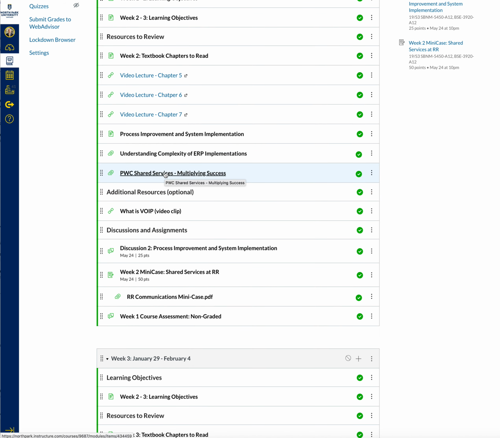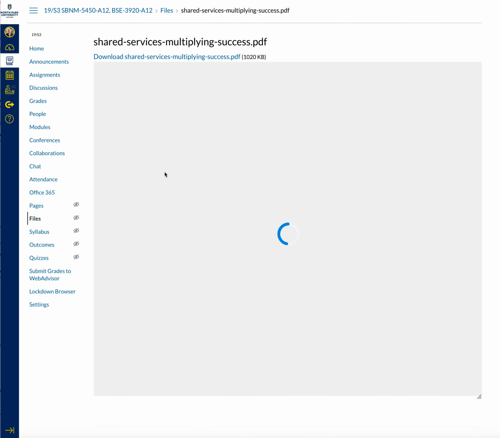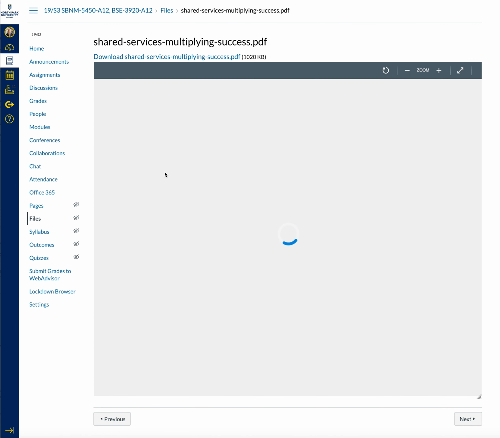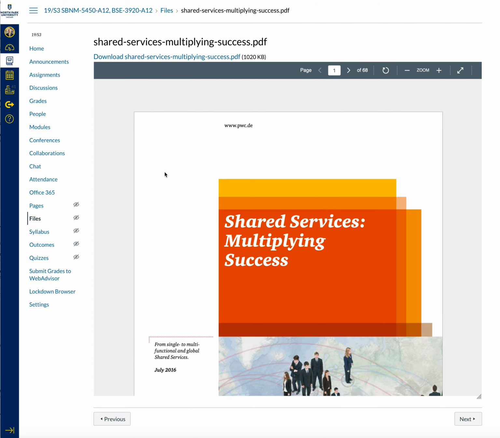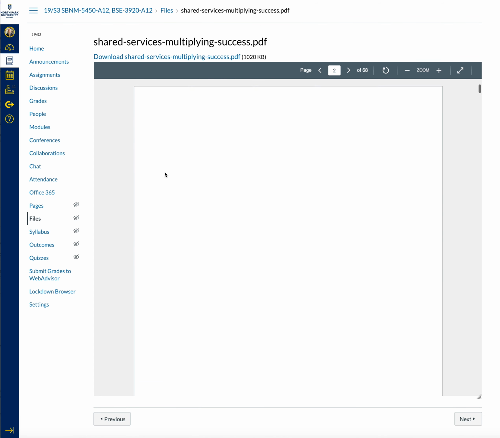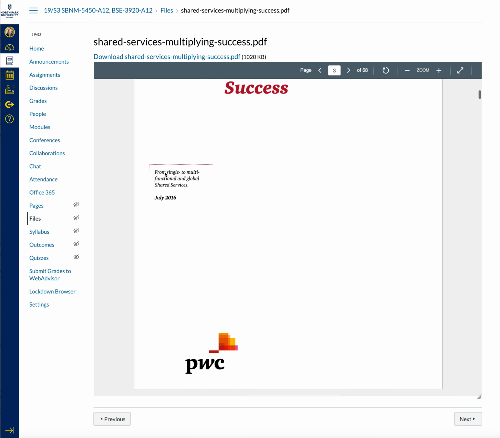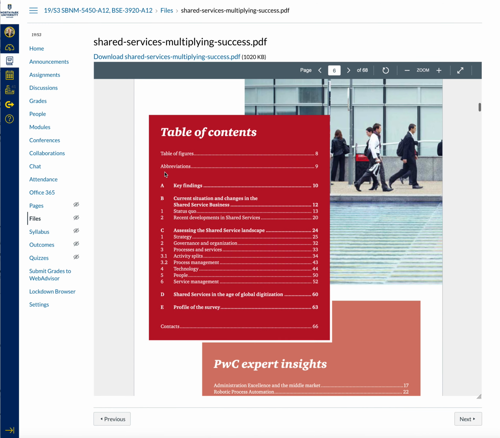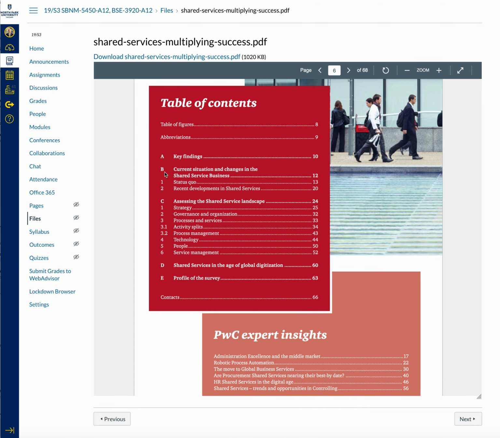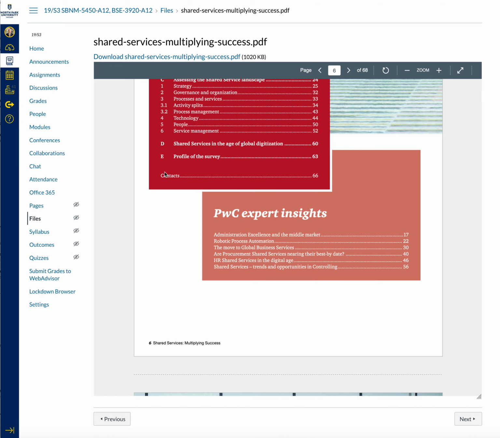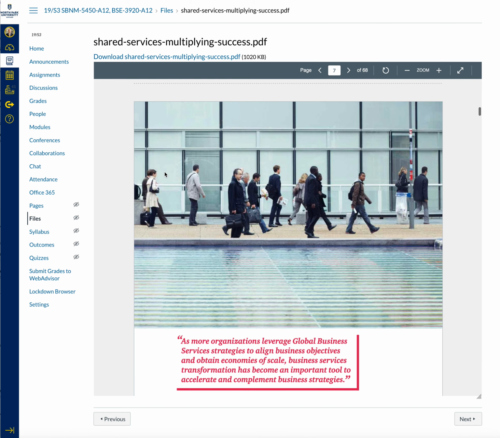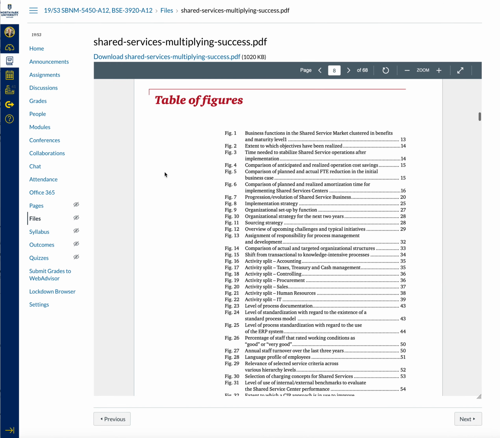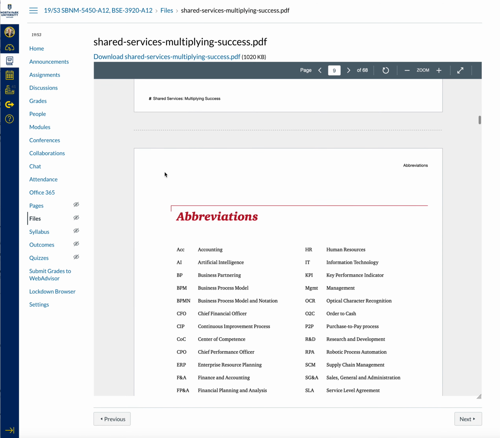Shared service organization, which we're not really talking about yet, but this is a wonderful PwC pamphlet on it. It's very, very well done. It's not short, but it gives a good comprehensive coverage of what it is. Of course, they're trying to sell PwC services by providing this, because you can't read this and just do it yourself. You're probably going to still need some help.